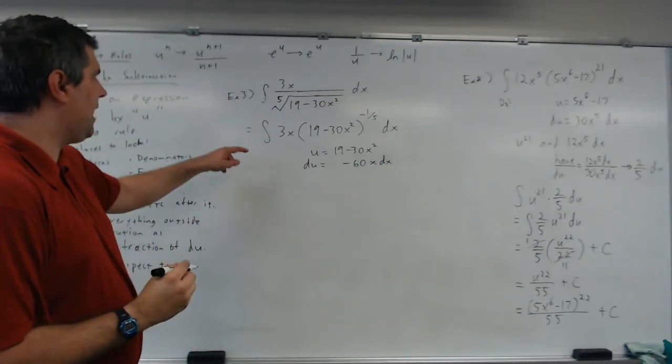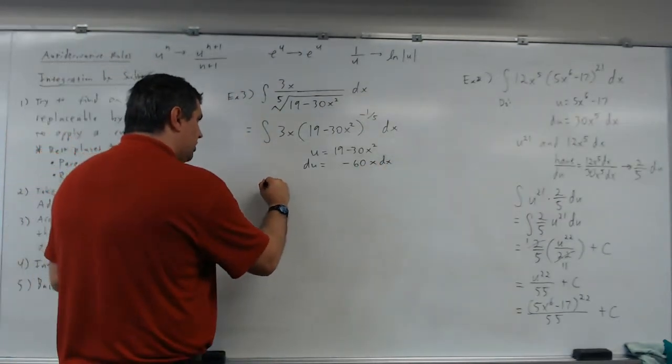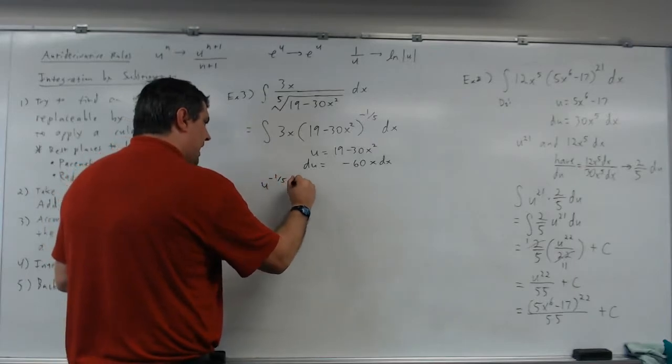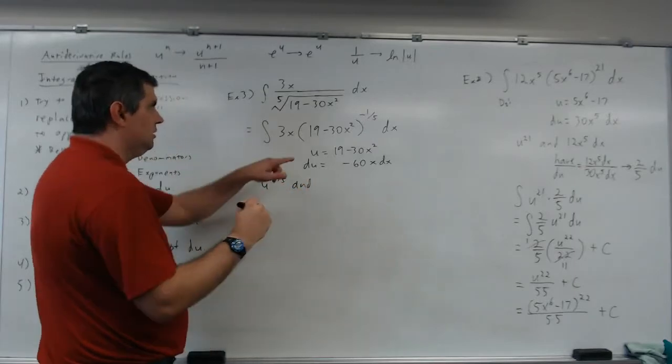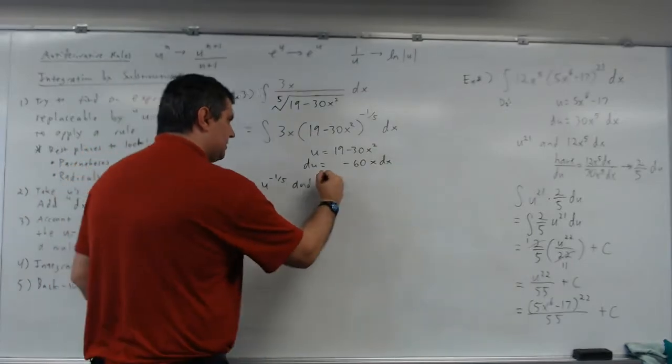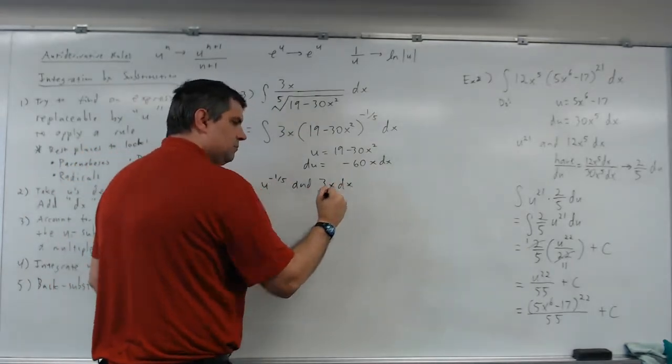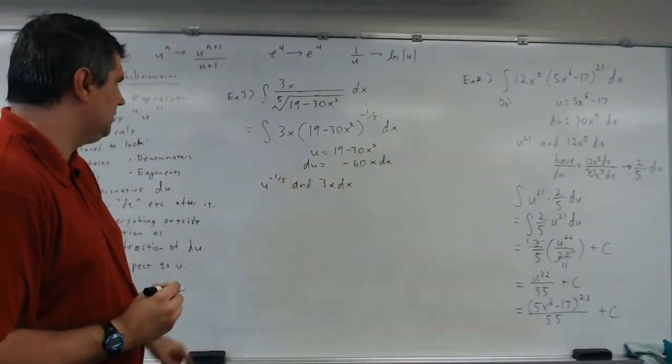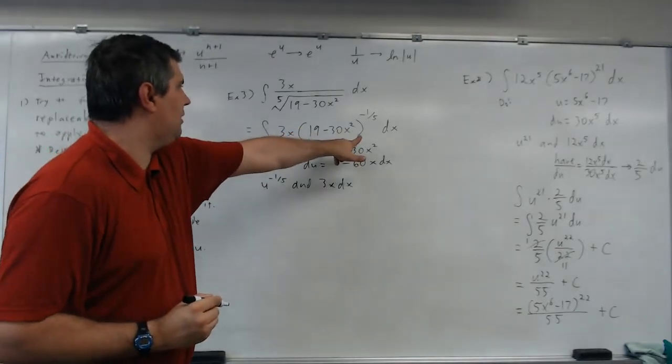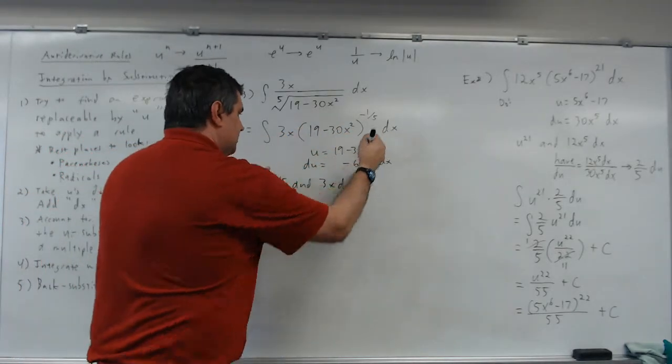So here's what I would have. I would have u to the negative 1/5 and 3x dx. So that's u to the negative 1/5 and then 3x dx.